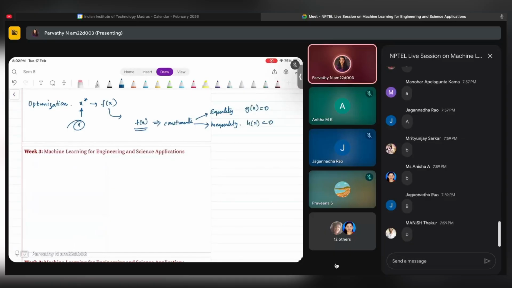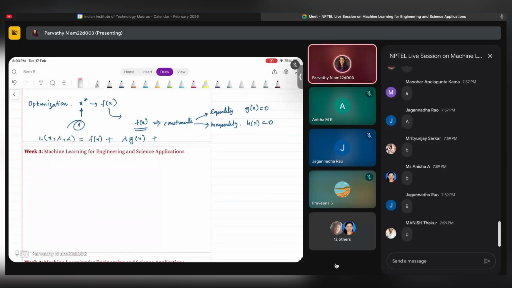one way to solve this is to use the method of Lagrangian multipliers. If we want to minimize or maximize f of x subject to the equality constraint g of x and inequality constraint h of x, then we write this as L of x comma lambda comma alpha is equal to f of x, the function that we want to minimize or maximize, plus lambda times the equality constraint plus alpha times h of x, the inequality constraint.